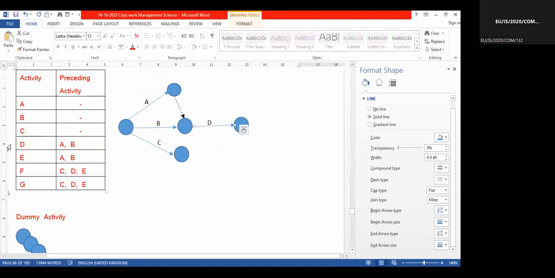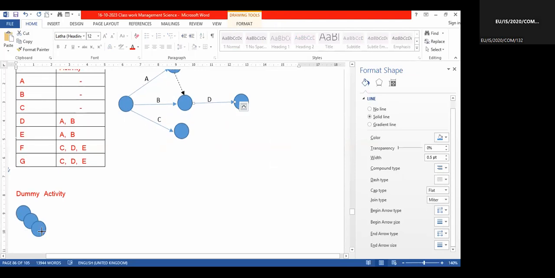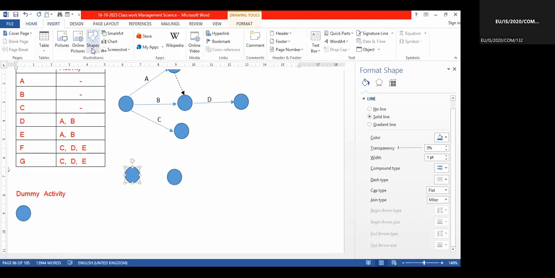So now you see, after completing A and B, I cannot join A and B in one point by bending a line, for example. I cannot go like this. That is wrong.